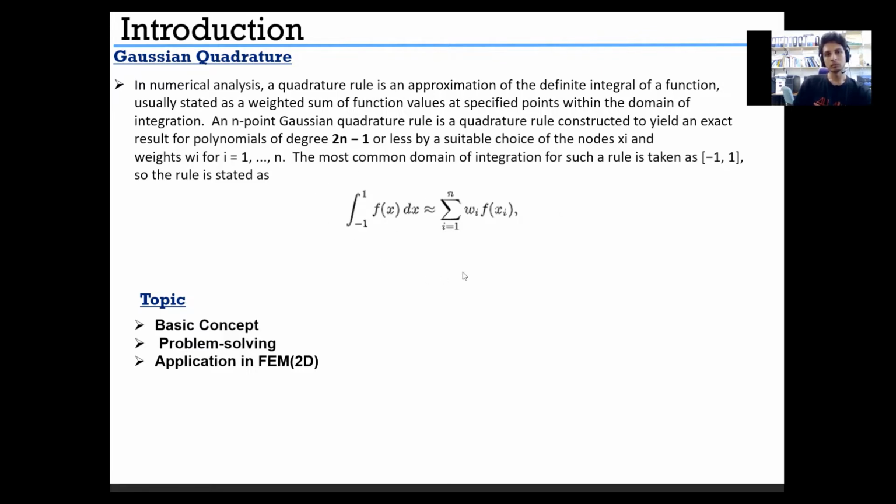Well, this is typically the formula of the Gauss quadrature rule. This is for the single integration. So we will briefly introduce the basic concept, we will solve the problems, and see how we can apply this integration method in FEM in 2D.